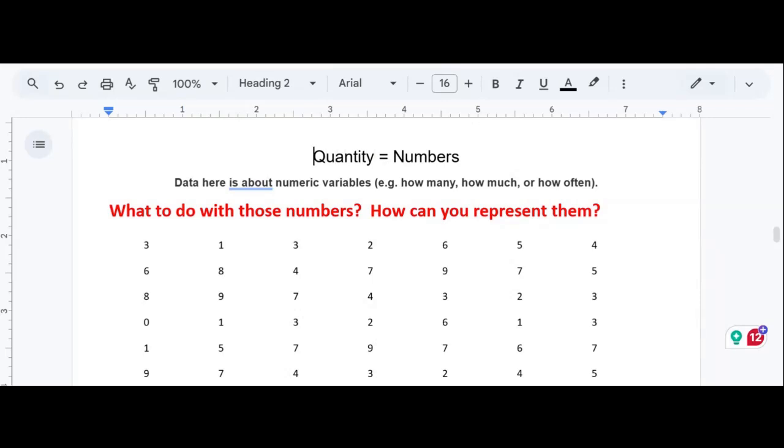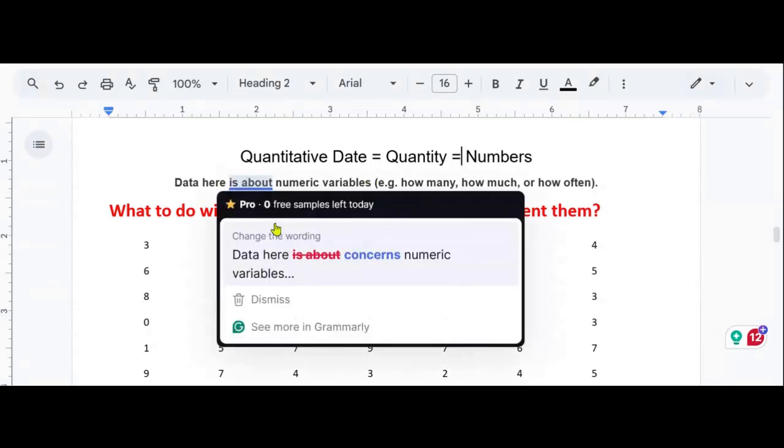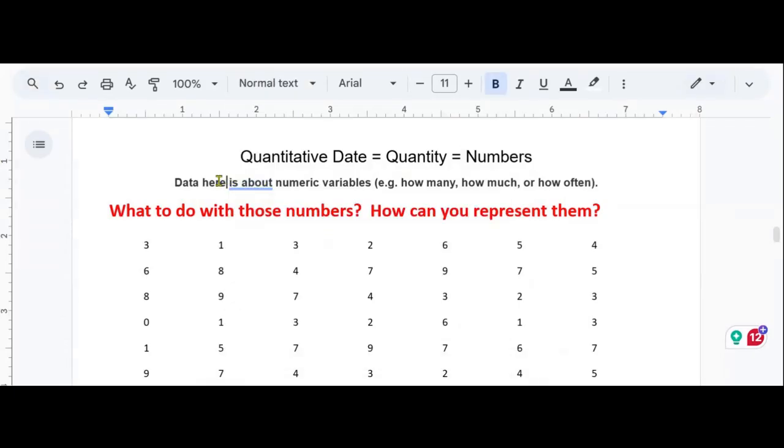Sometimes you call it quantity, sometimes you call it numbers. So data here is about numerical variables. How many, how much, or how often, right?